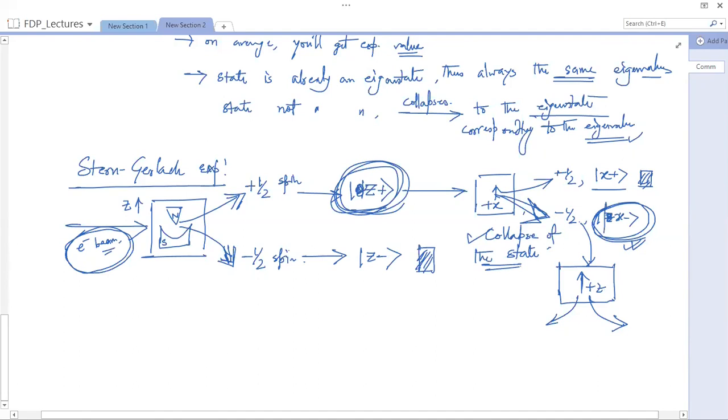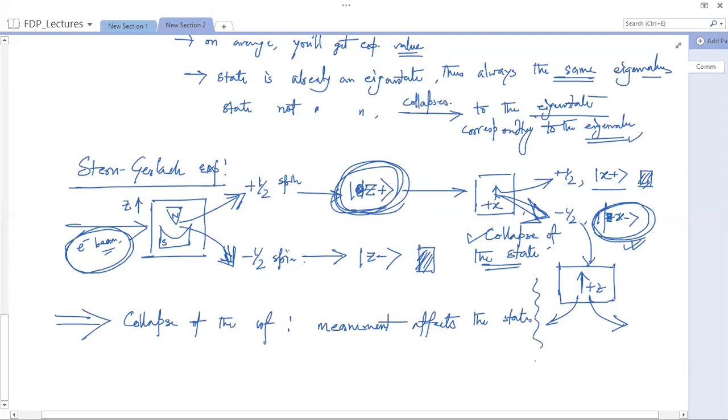This interpretation, the collapse of the wave function, says that the measurement affects the states. So here you will get z plus and z minus.